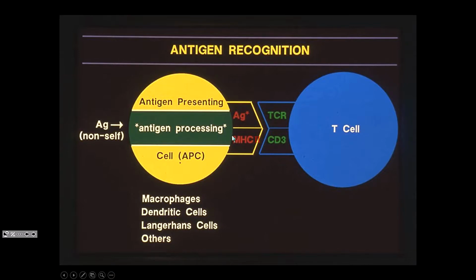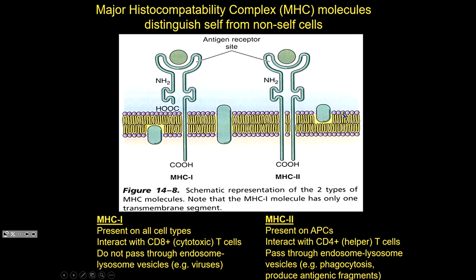It has on its surface a major histocompatibility 2 complex, which is a complex of proteins that will bind an antigenic fragment, shown here. So the antigenic fragment, a chunk of bacteria or a virus, whatever, held by the MHC is presented to the T cell. And if the T cell receptor recognizes this antigenic fragment as foreign, that will cause that T cell to become activated. Okay, so MHC complexes come in 2 major flavors.